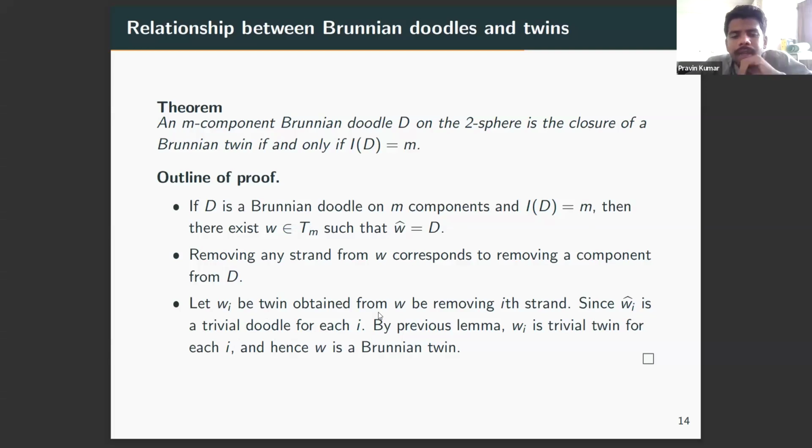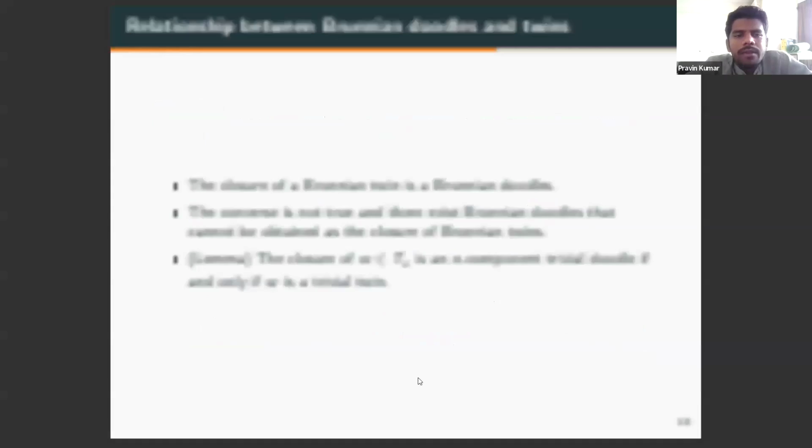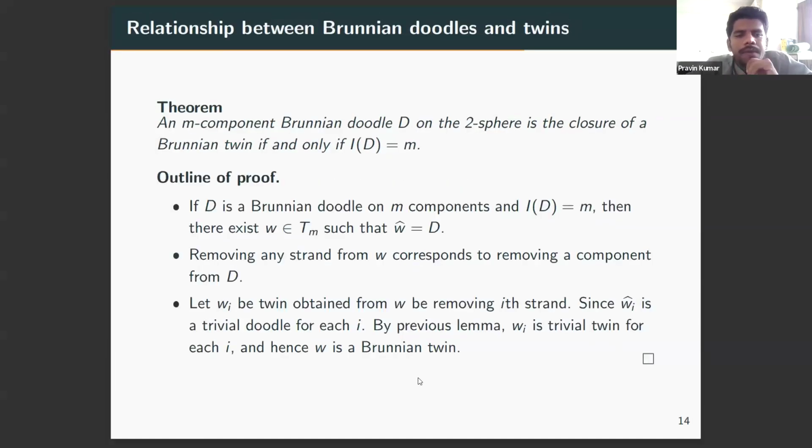Now I will use my previous lemma, which concludes that this Wi is a trivial twin for each i, which concludes that this is a Brownian twin. So having this lemma, the proof is now obvious: we proved that an n component Brownian doodle on the 2-sphere is a closure of a Brownian twin if and only if its twin index is m.